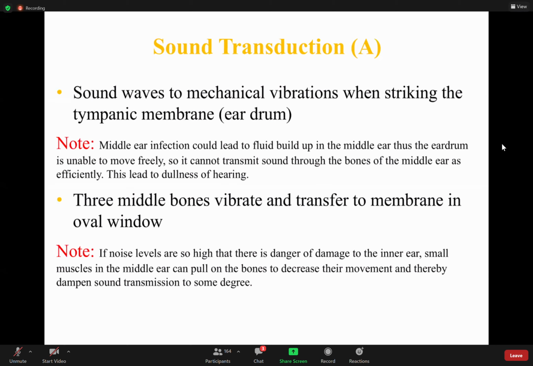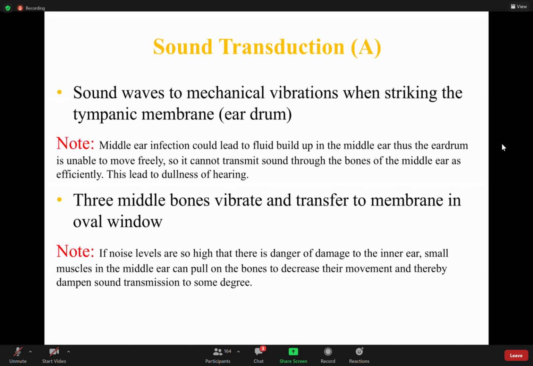This is why when we have a cold, we feel like we're underwater, because of the buildup of fluid in the ear. In the middle ear, we have the three bones that amplify the sound in the ear canal.